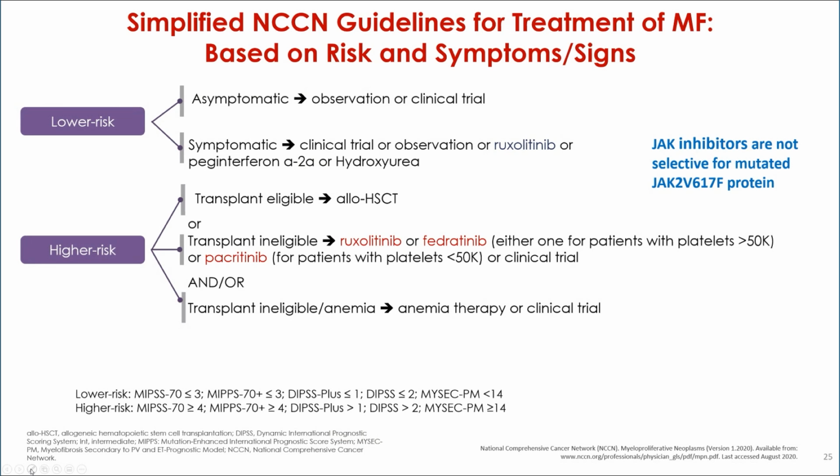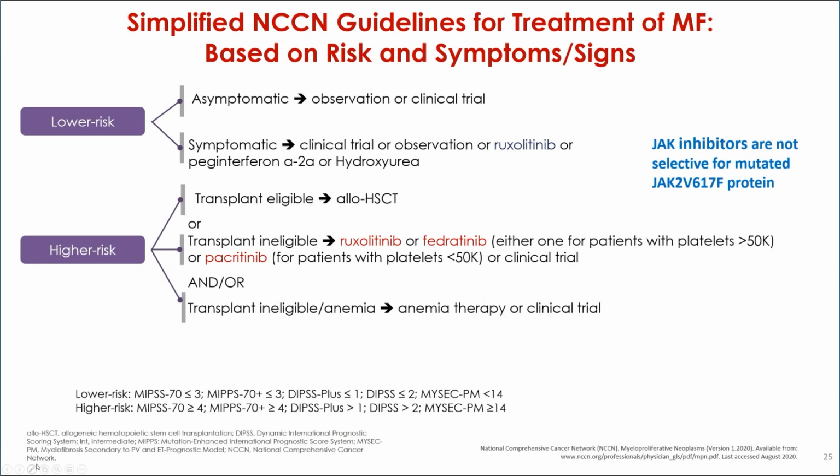You can use ruxolitinib, as it says in the middle of the slide. In the proliferative phase, ropeginterferon or pegylated interferons and hydroxyurea. In the high-risk patients that are sicker, usually advanced, you have JAK inhibitors here, ruxolitinib and fedratinib, either one approved therapies for patients with platelets above 50.